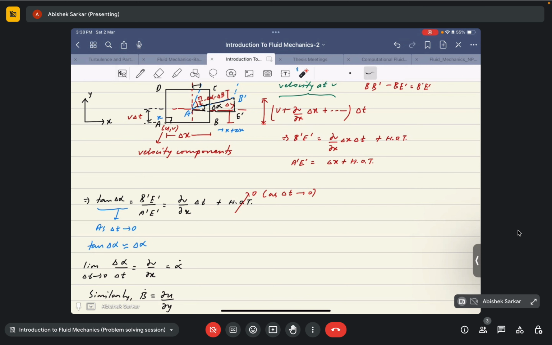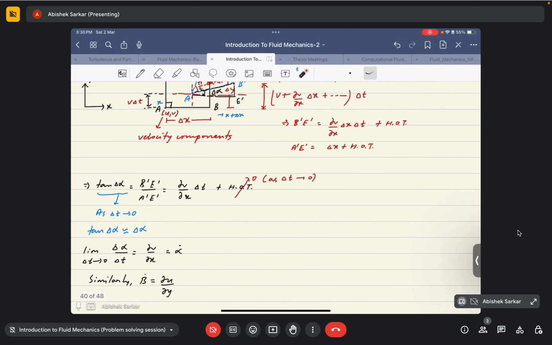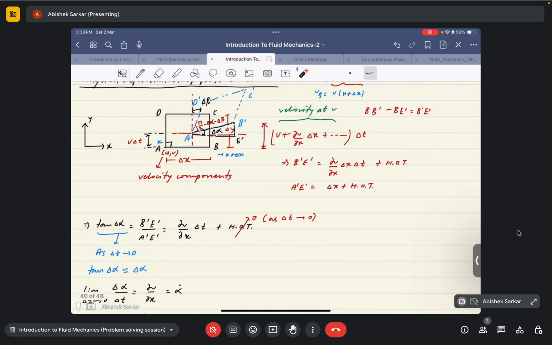And that's why, to capture the essence of these angular displacements for a small period of time, we are considering our time delta t to be very, very small. Because if delta t is very large, then this fluid element will go on to deform continuously, and it will be very difficult to capture the angular deformation of the fluid element.